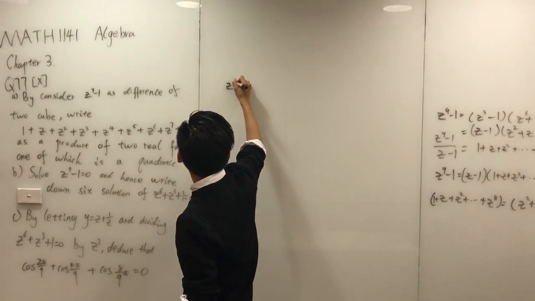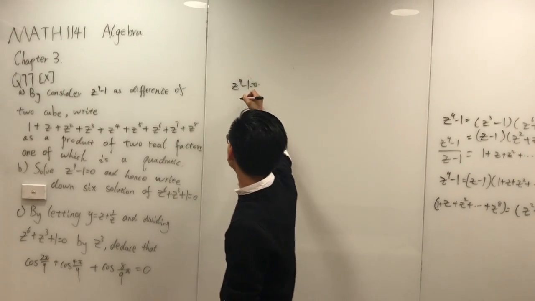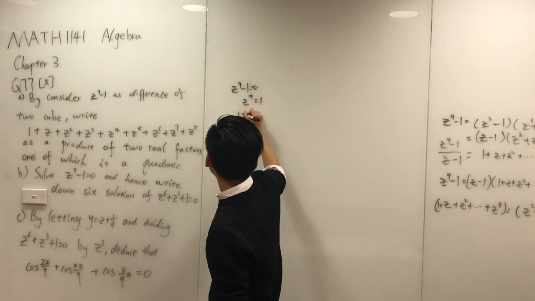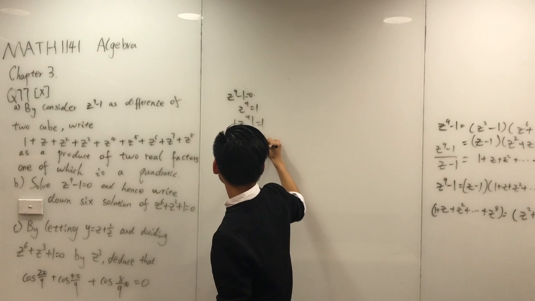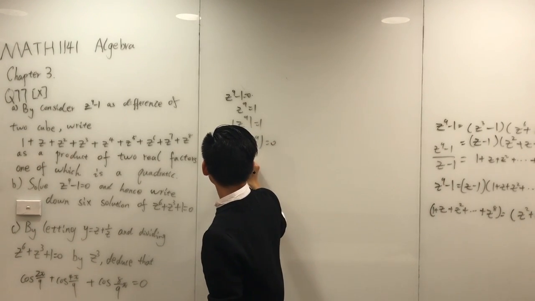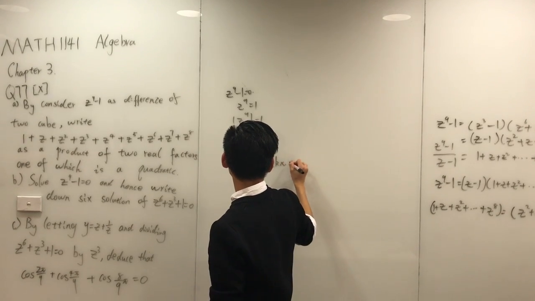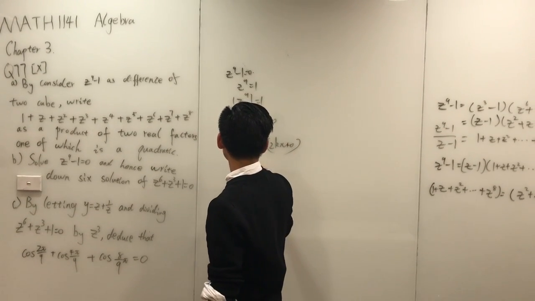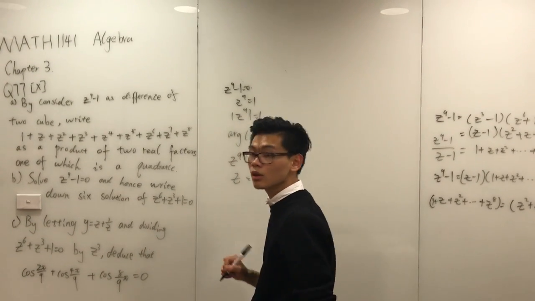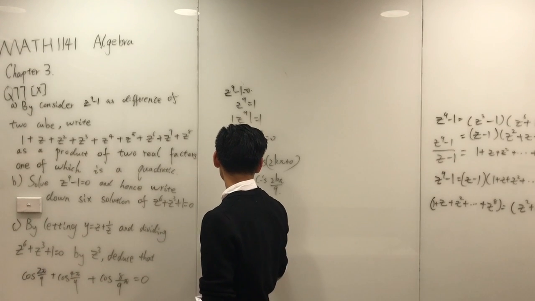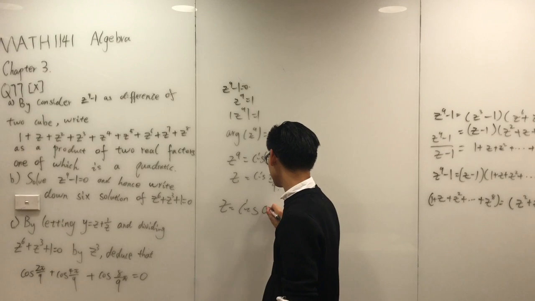So, I think this is quite straightforward. From high school math, you guys should all know how to do it. So, z to the power of 9 equals 1. Writing z to the power of 9 equals cis 0, so z to the power of 9 equals cis of 2k pi plus 0. So z equals cis of 2k pi divided by 9. We put k equals 0, so we get cis 0.